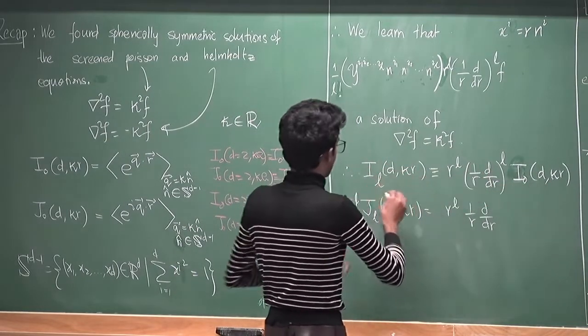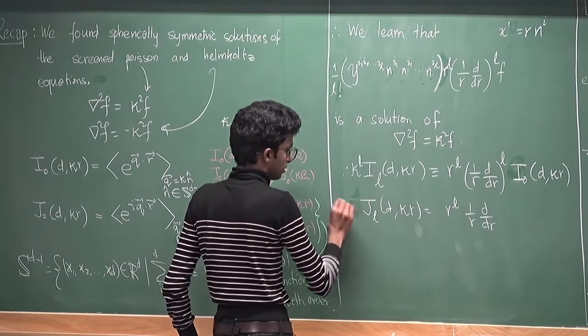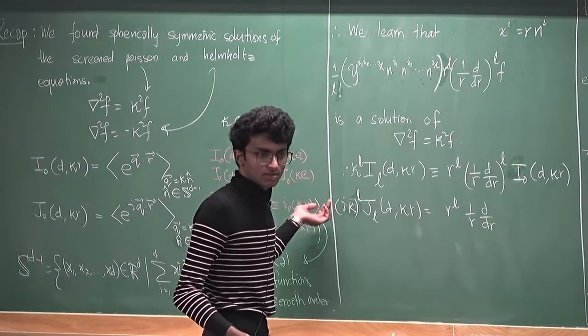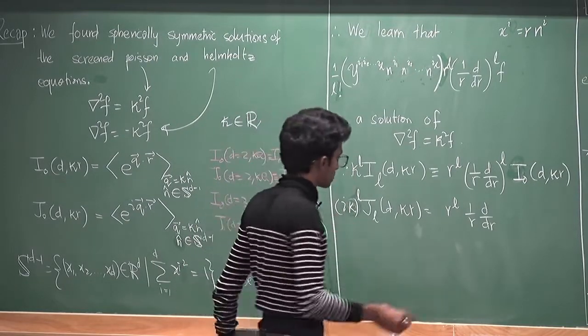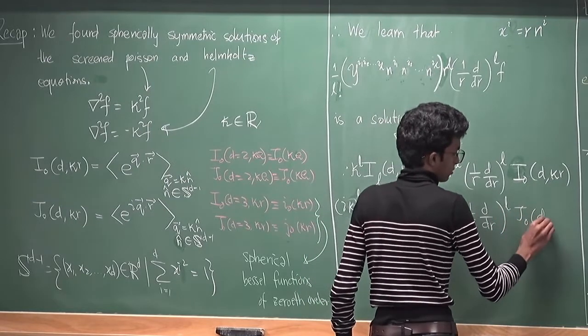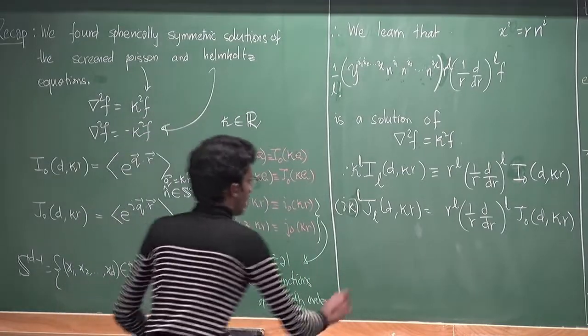Because the argument is kappa r, we have to put a kappa to the L, which you can check. So then it becomes obvious why there is an i to the L, right? Because we're doing an analytic continuation of this, acting on J_0 of kappa r. So these are the higher order Bessel functions.